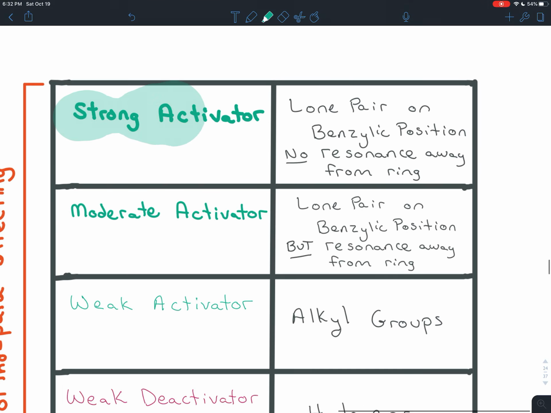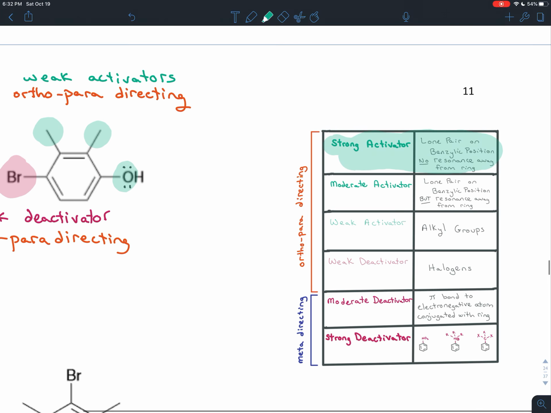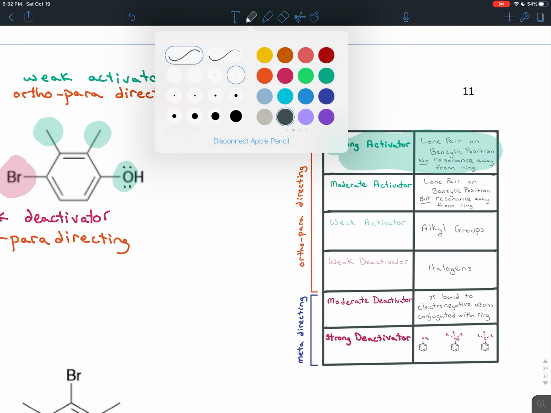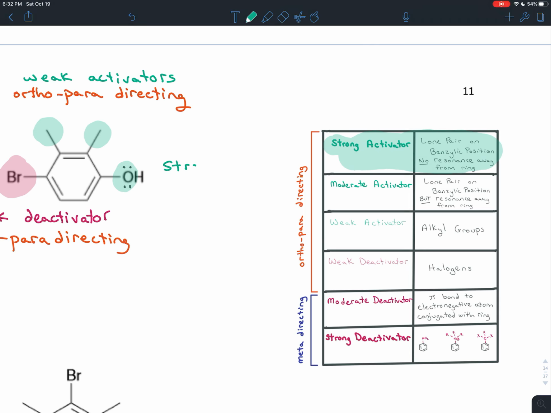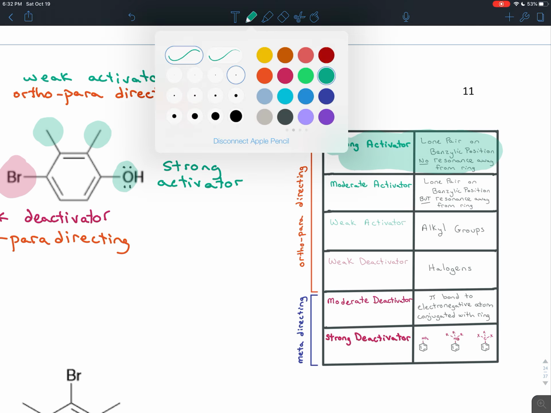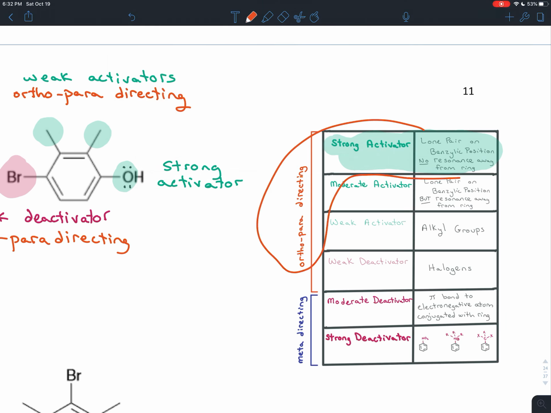So if you have a lone pair on the benzylic position and no resonance pulling it away from the ring, that's a strong activator. So this here will be a strong activator. And all activators are ortho-para directing.